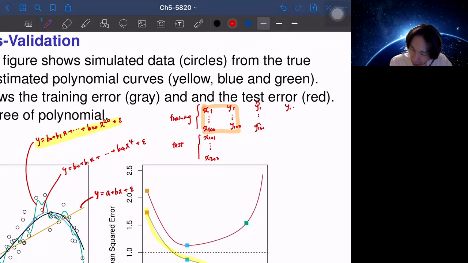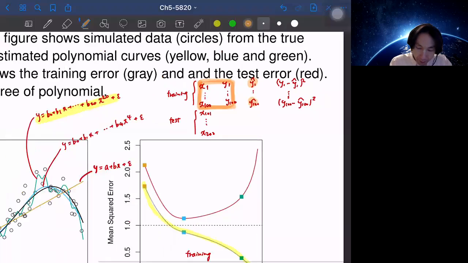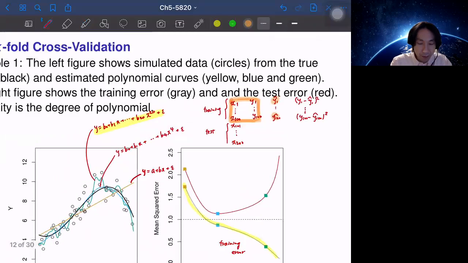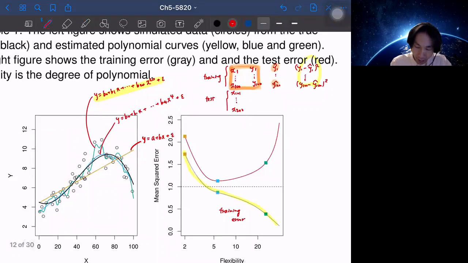Then we can calculate y1 minus y1 hat squared, and up to y100 minus y100 hat squared. This is not really a fair prediction. We use this data set and just evaluate the performance on the same data set. It's the situation where we know the answer and we predict the answer, so it's not really true prediction. The average of this quantity is the training error. And the training error is always smaller for a larger model.